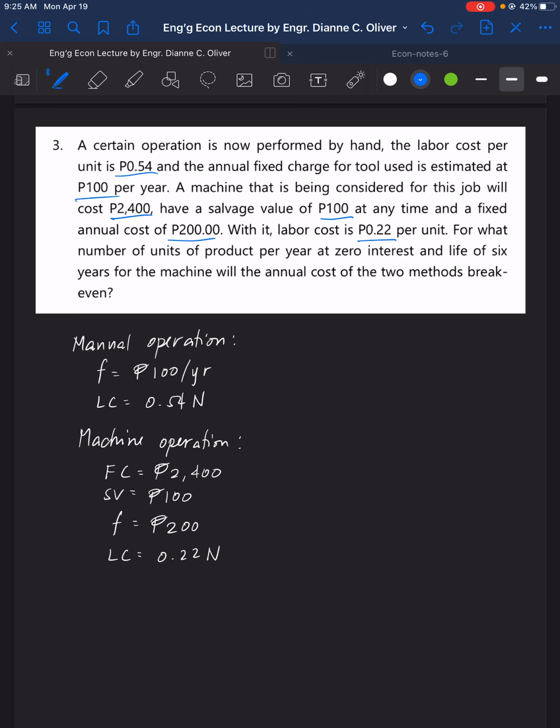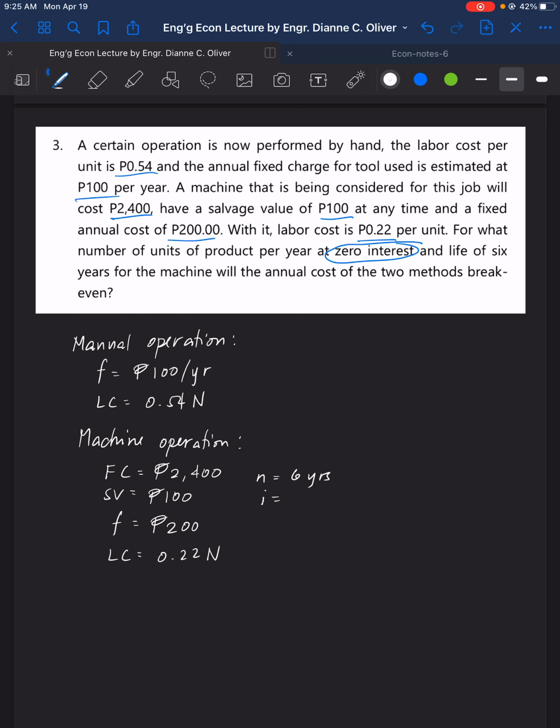Okay, now for the machine. So for the machine, it has first cost, salvage value, and the life of the machine is 6 years. How about percent? I is equal to, says there, 0 interest. Okay, so this is interesting.